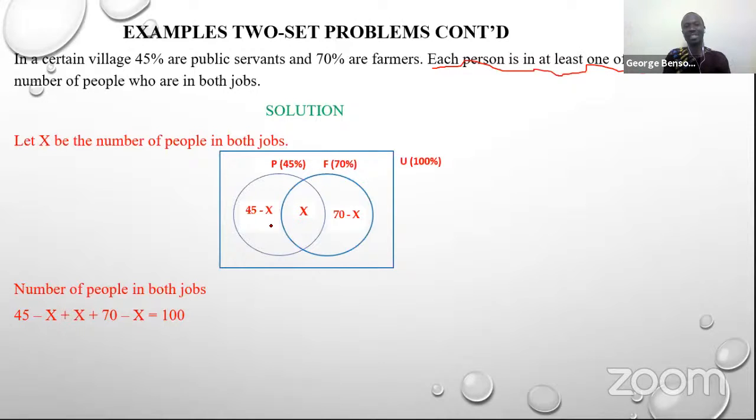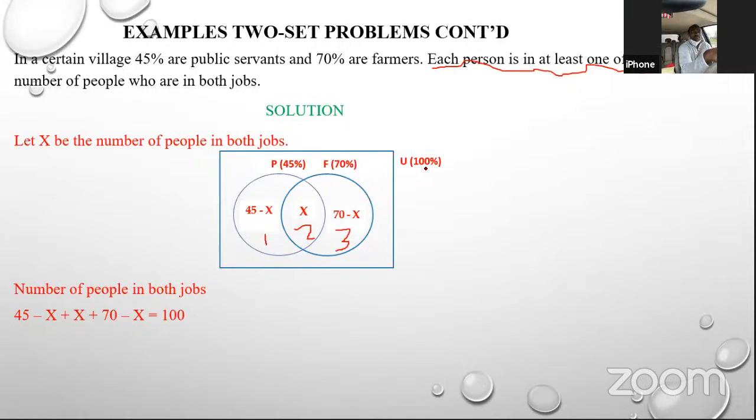We are simply adding region 1 plus region 2 plus region 3, and putting it equal to the universal set, that's 100%.